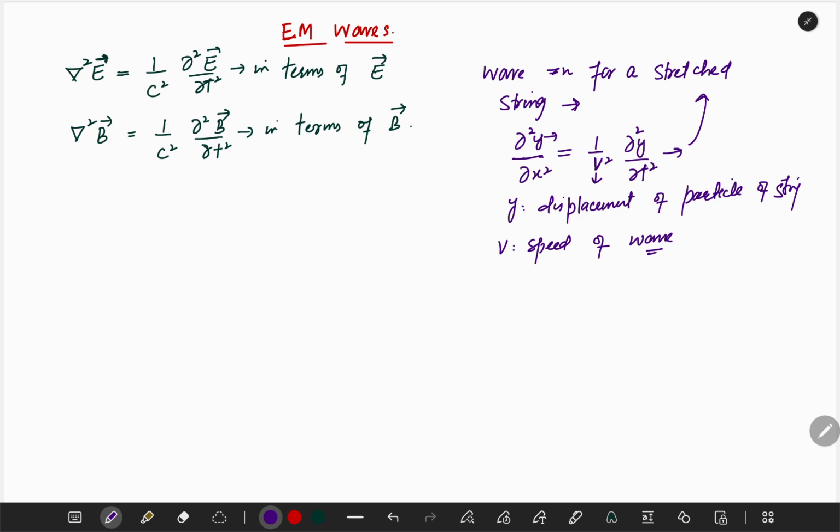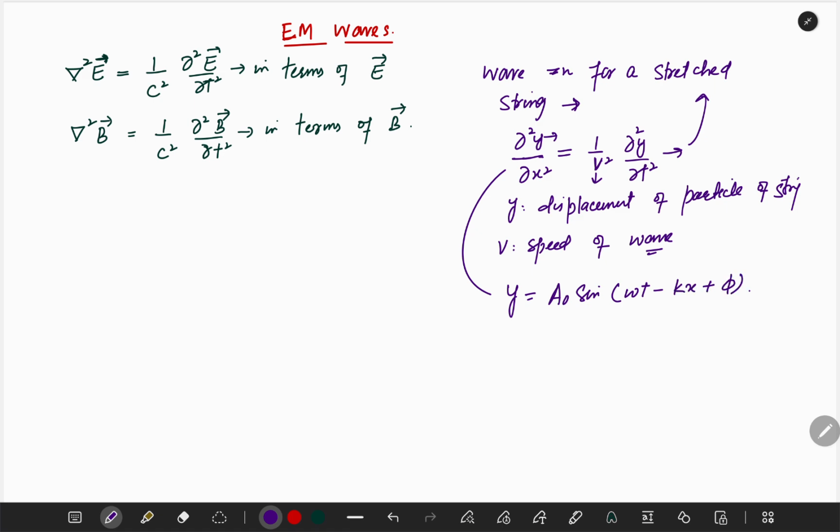Now what we did in the last video was these two things. Today we'll do the solutions of these. The solution of the wave equation for a stretched string is y equals a naught sine of omega t minus kx plus phi.